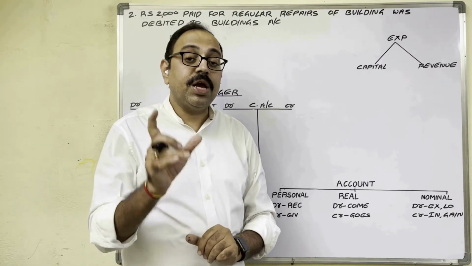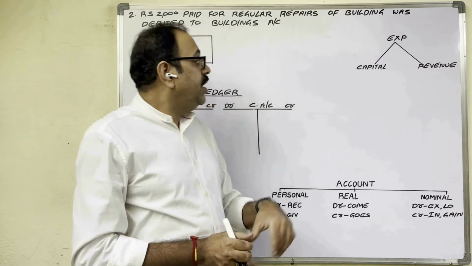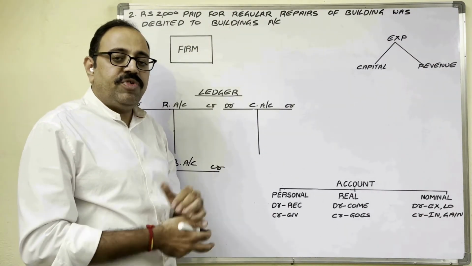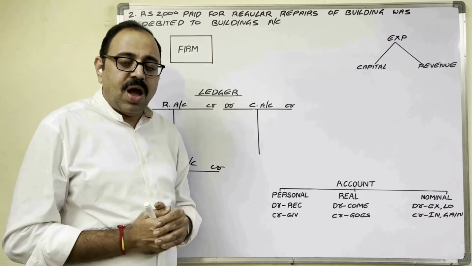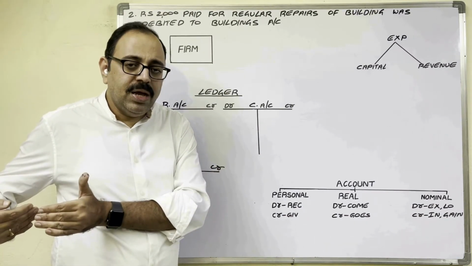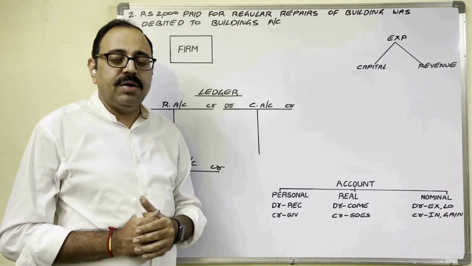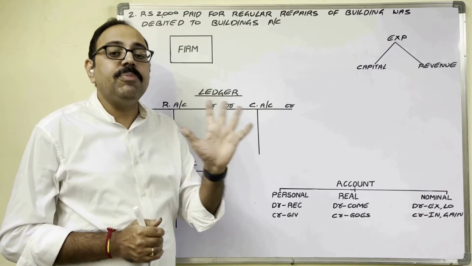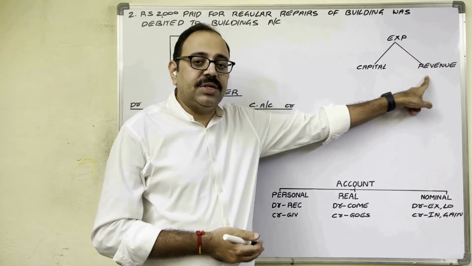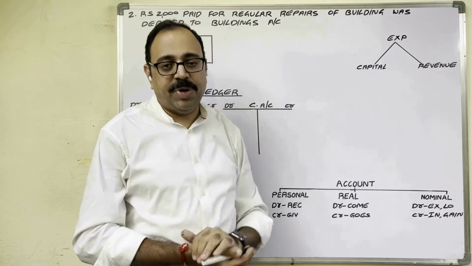Now, building value becomes 11 lakh. But here, repair charges are regular expenses. So, we purchased a new building. After some years of usage, slowly it is becoming older, and to maintain this building, we regularly started spending repair expenditure. So this is recurring in nature. So it is a revenue expenditure.